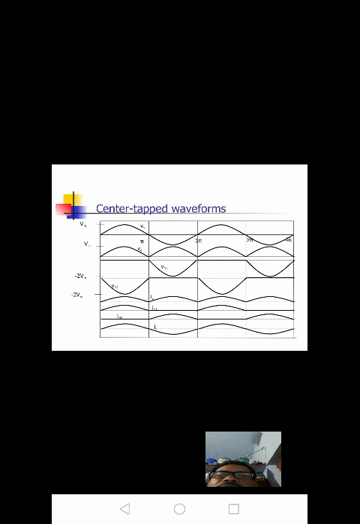Similarly, in the fifth diagram, the output current waveform I naught is continuous and positive. During the positive half cycle, 0 to pi, D1 is conducting, so the current is positive. During the negative half cycle the current is 0. At that time, ID2 is 0 during the positive half cycle and positive during the negative half cycle, flowing into the load.